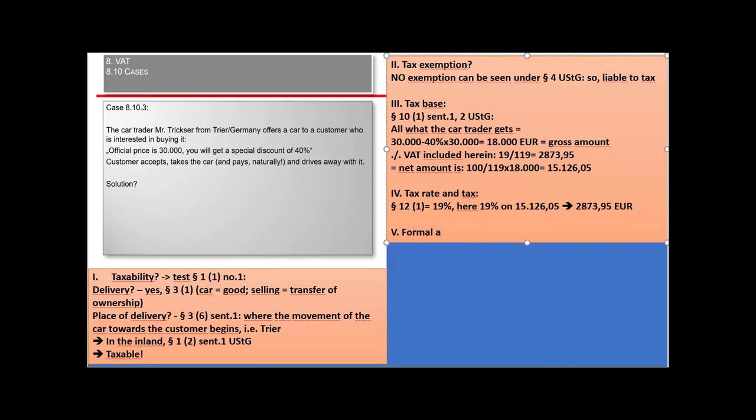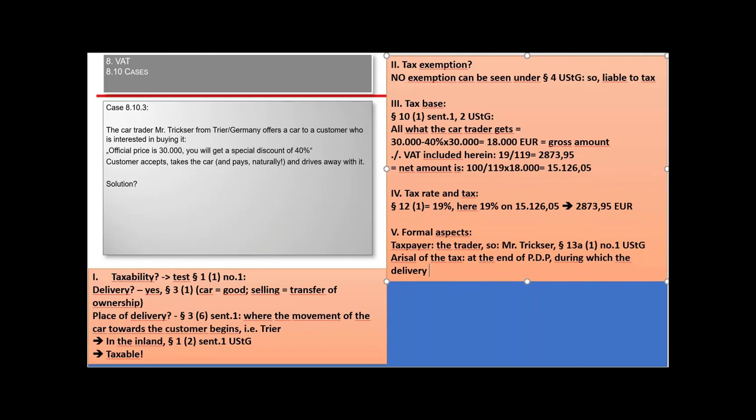Formal aspects. Taxpayer is the trader, so Mr. Trickster, that was again in 13a1 number 1 USTG. Arising of the tax at the end of the preliminary declaration period during which the delivery took place.